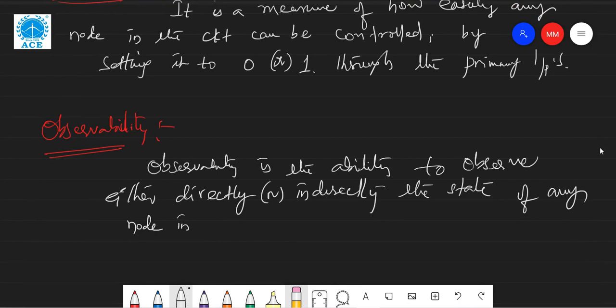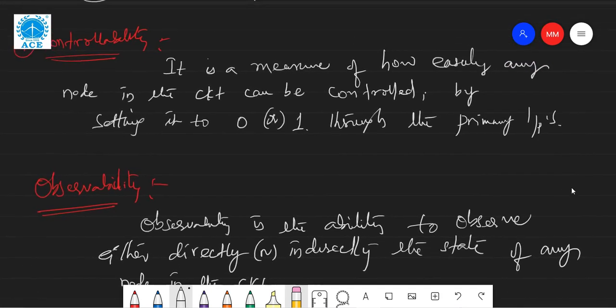So testability is basically based on these two concepts.